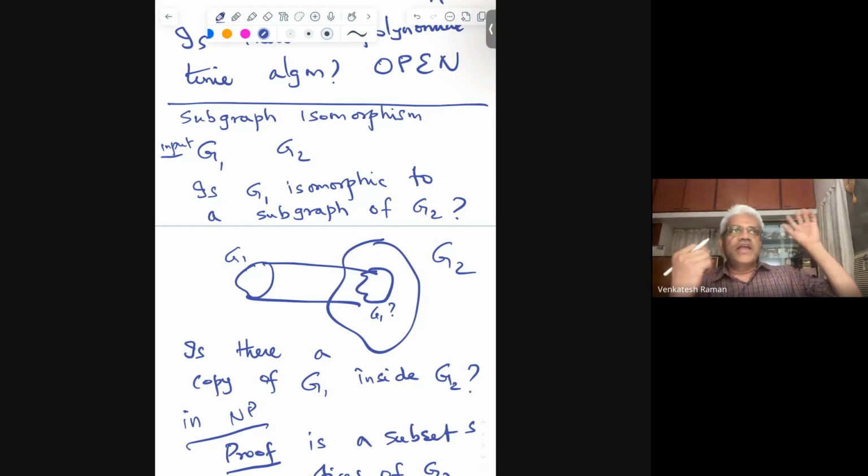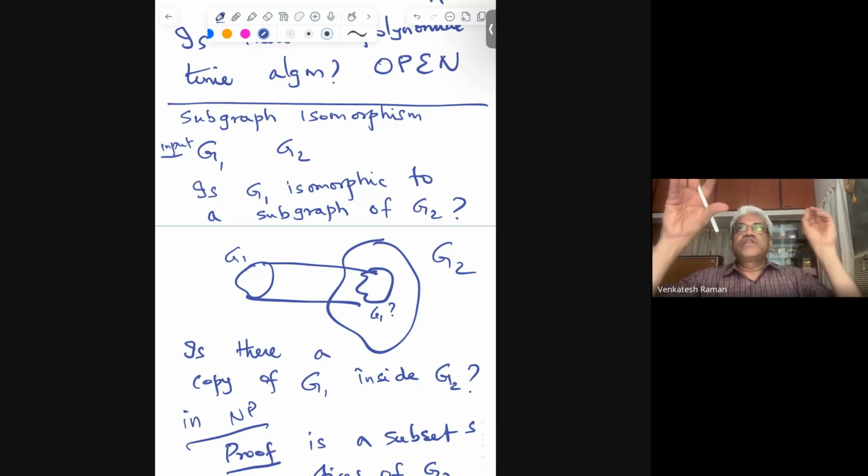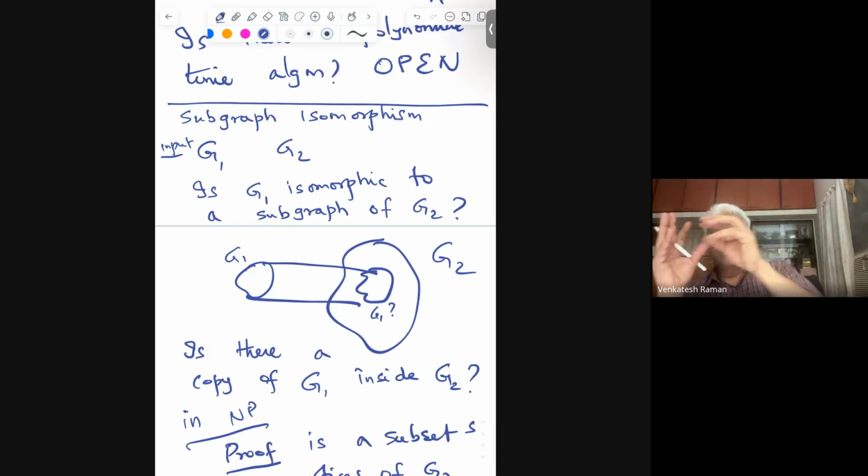So you start with the clique problem, where you are given a graph G and K, and you are asked whether there is a k-sized clique. Now translate that: G2 will be the original graph and G1 will be the K-clique. Is there a K-clique in the graph? That is the same as asking, is the K-clique isomorphic to a subgraph of G? It's simple enough.